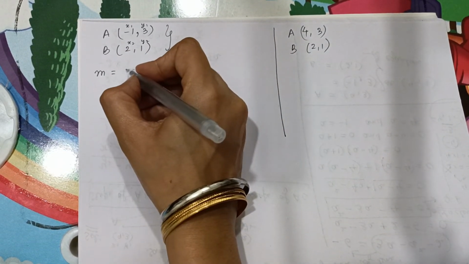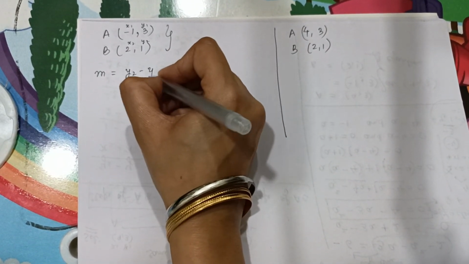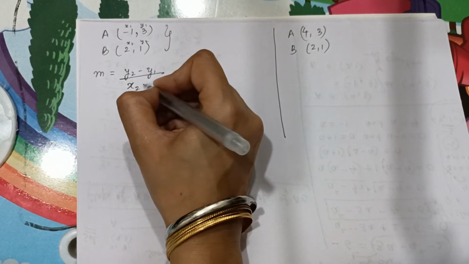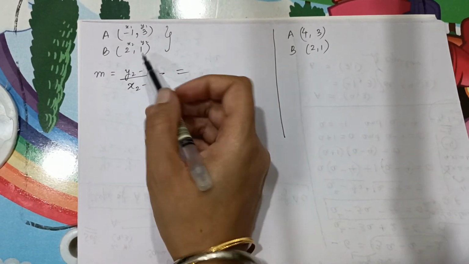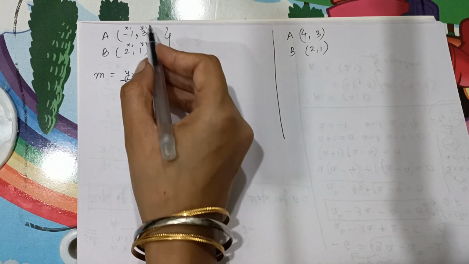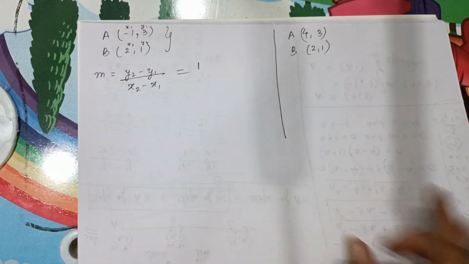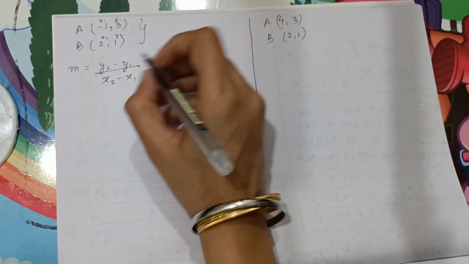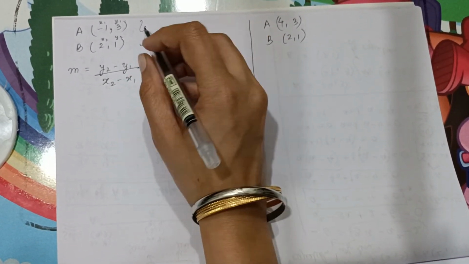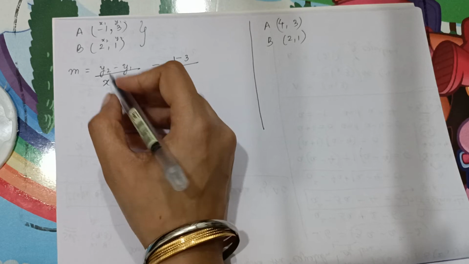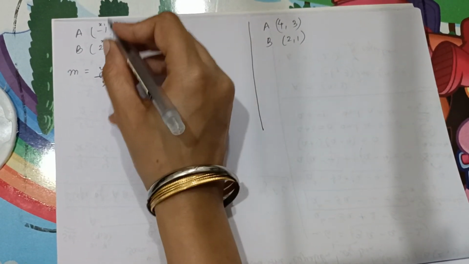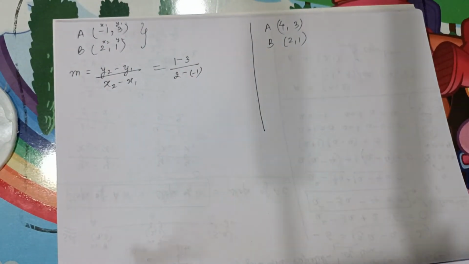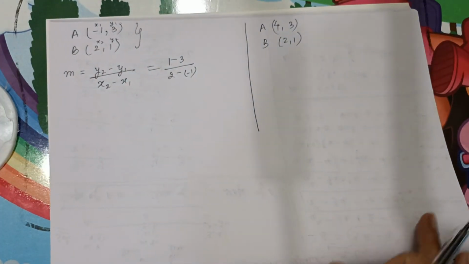Slope formula: y2 minus y1 upon x2 minus x1. y2's value is 1. It's always better to write this way so that mistakes can be avoided. So y2 is 1, minus y1, which is 3, upon x2, 2, minus minus 1, because x1's value is minus 1.